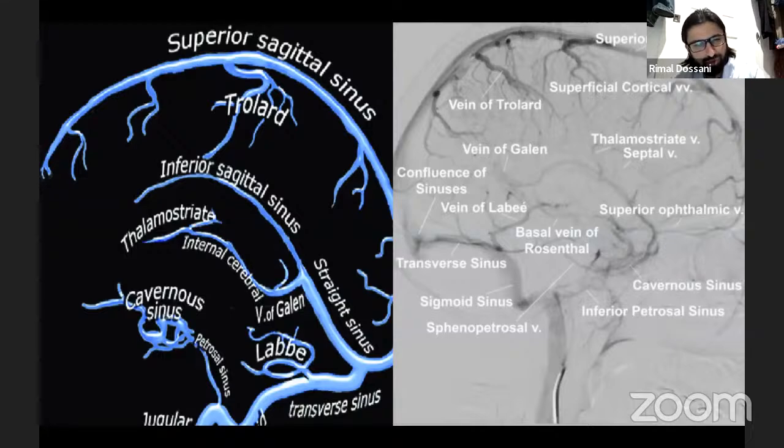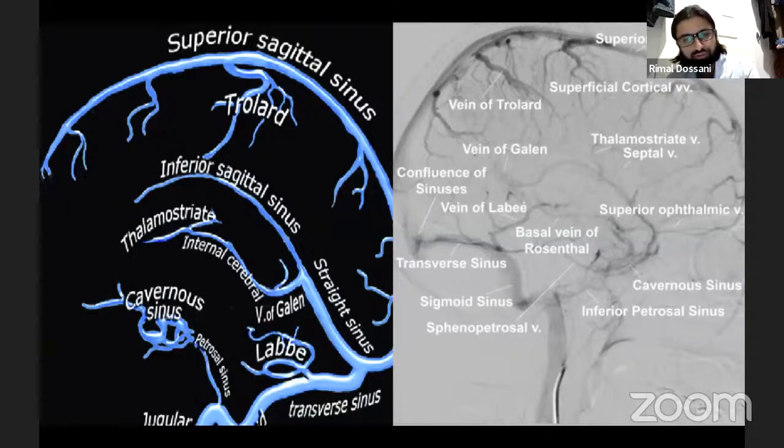I would say these are probably the three most important veins within the ventricular system that carry the most anatomical relevance. And then within the cisternal segment, especially in a subtemporal approach, the basal vein of Rosenthal is the most prominent vein in the ambient cistern, and that carries a lot of relevance. And then obviously the vein of Galen, which is also known as the great vein, carries relevance with respect to pineal region surgery.